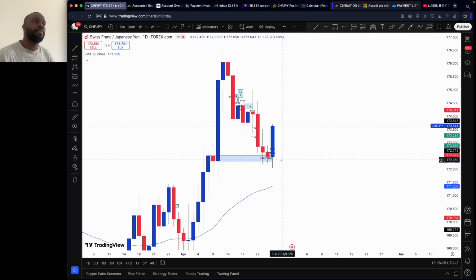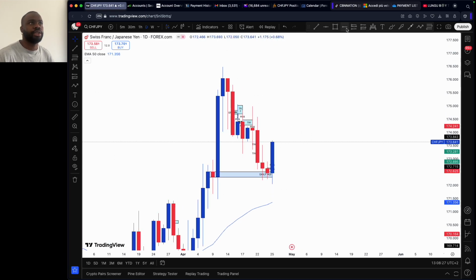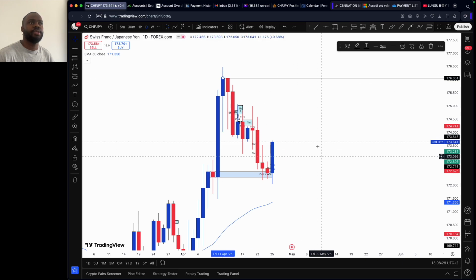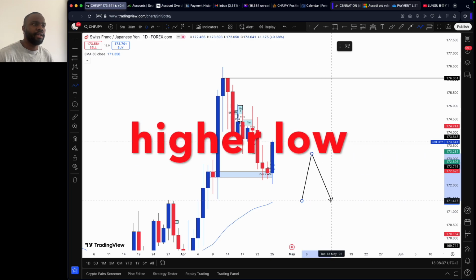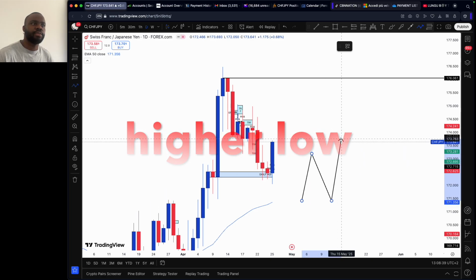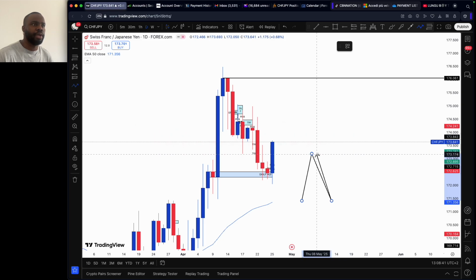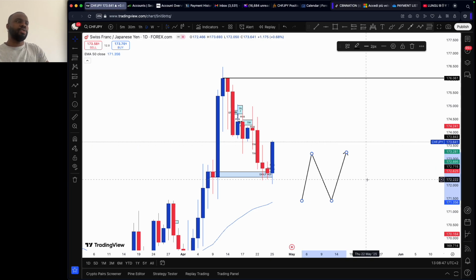We should be looking for buy continuation until maybe this zone here, because price did make a higher high, then had a lower high. Now we have to put up a new higher high, but at least we'll trade till we get here. So that is what I'm saying here.